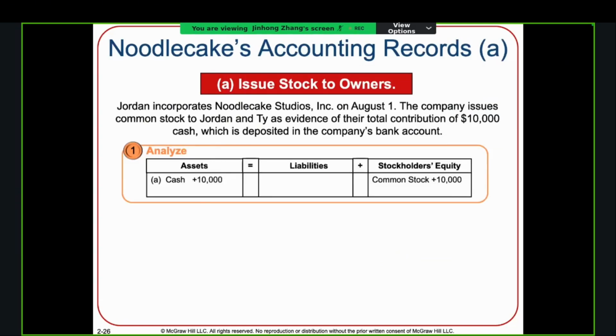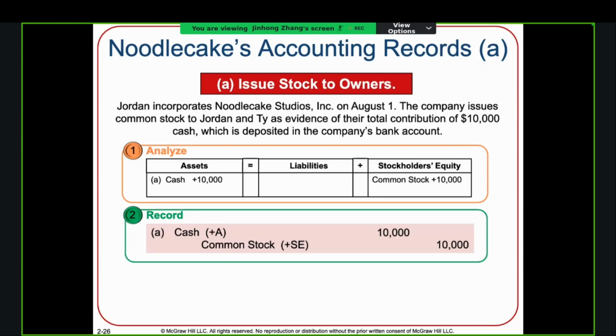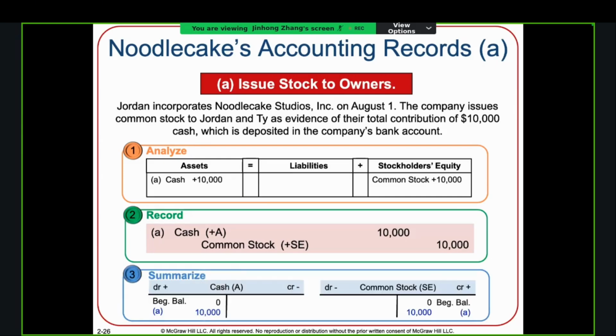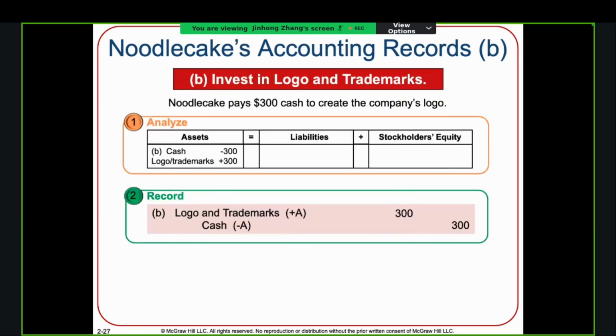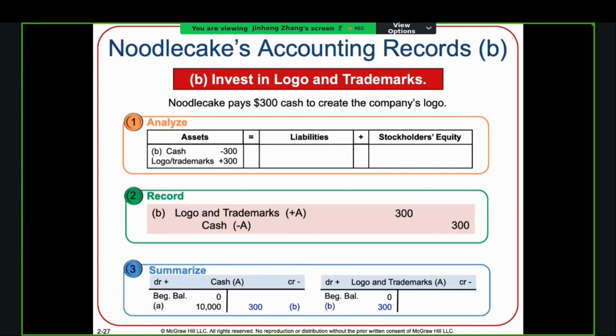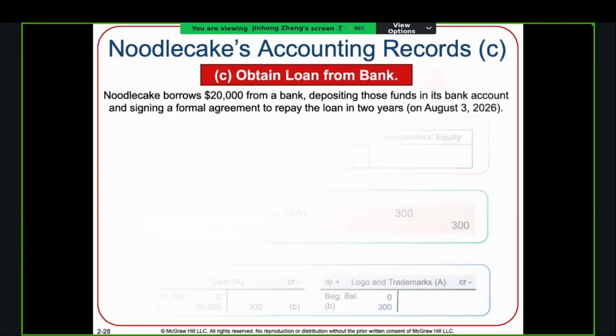So this is what we have done. To review, you increase cash, increase equity, and that's how the journal entry is, and that's how you go to the T account. And then with this one again, you envision it, record the journal entry, and then it goes to the T account, right?